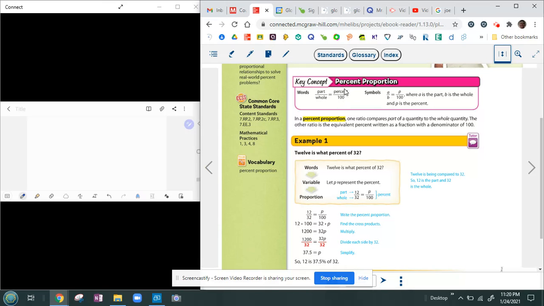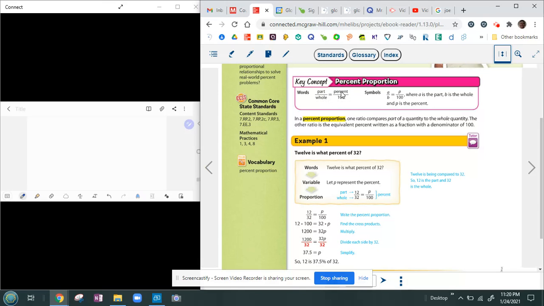Now you'll notice that there's one part of the percent proportion that's always known. That bottom right part of the proportion is always 100. Above that, we have an unknown. We don't know the percent, we don't know the part, we don't know the whole currently. So there are three possible unknowns for these problems, and we're going to go through three different examples for when each of those pieces is missing.